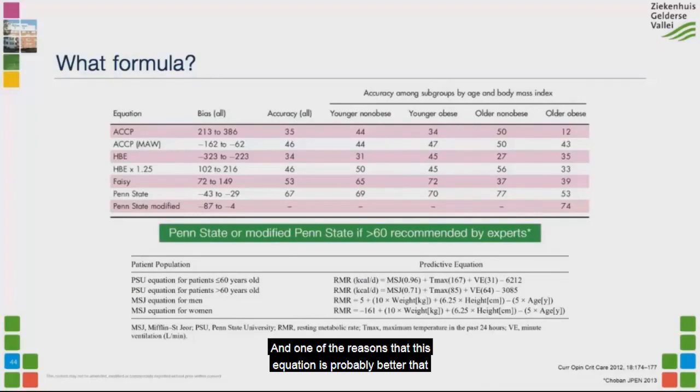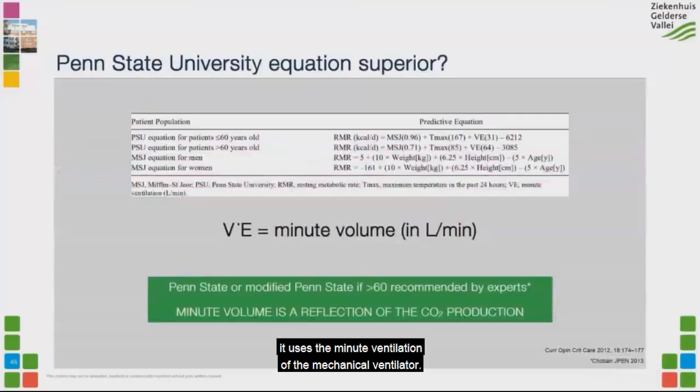And one of the reasons that this equation is probably better is that it uses the minute ventilation of the mechanical ventilator. The minute ventilation of a ventilator is scheduled by the intensivist based on the CO2 production, because we don't want to have hypercapnia in the patient, and then we have to increase the minute ventilation when the CO2 levels go up.